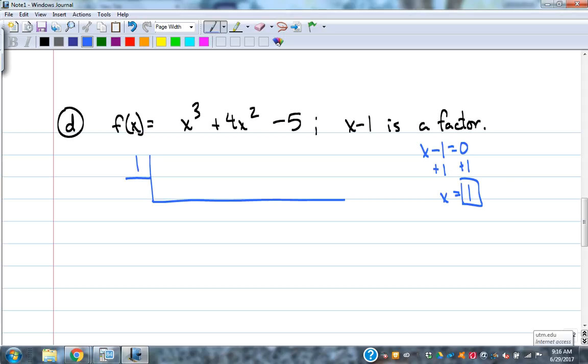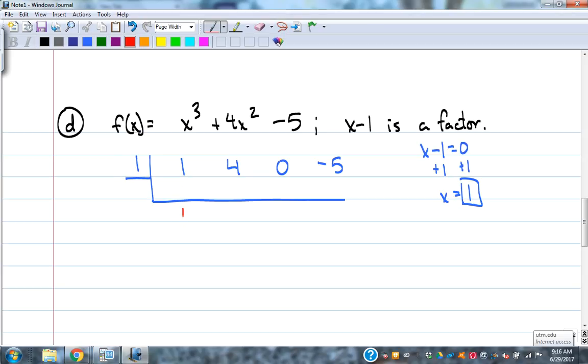And then fill in the top row, 1, 4, 0, negative 5. Again, got to remember to put in the representative from plain x on this one because it's not in the problem. Got to have a rep from the highest power on down. So we put a 0 in that place. And then run the synthetic division with this positive 1.